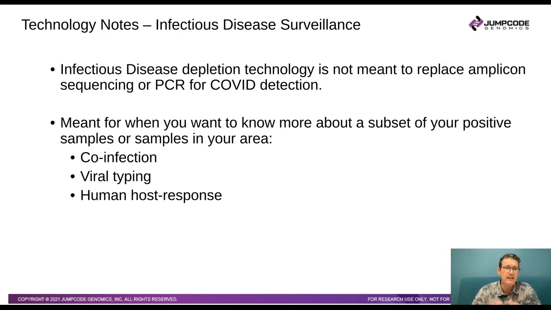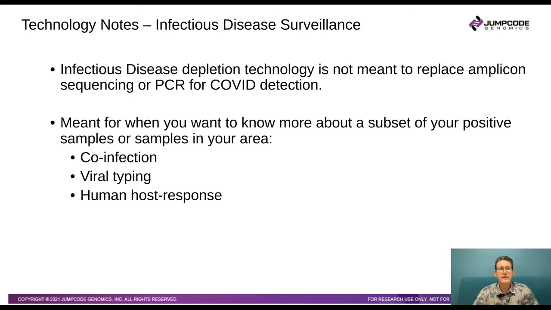for the potential of CTs that show up as negative, but still the person has some sickness. And so in this case, you'd want to be able to take a look at things like co-infection or typing of the viruses, even human host response signals, and potentially unknown pathogens.